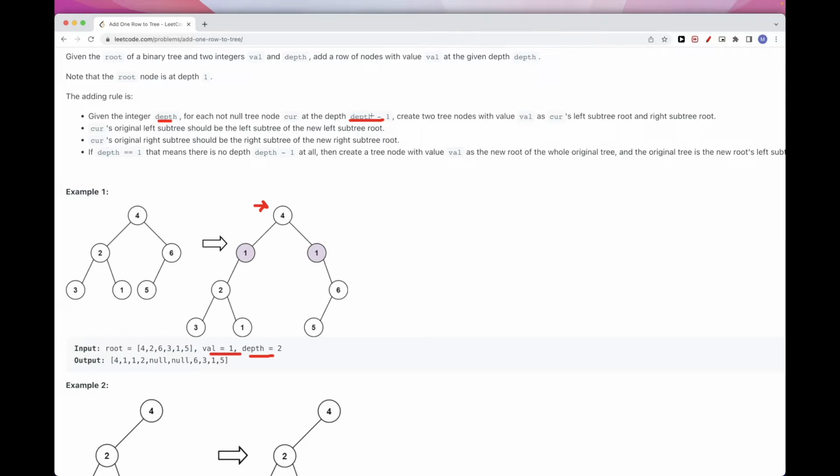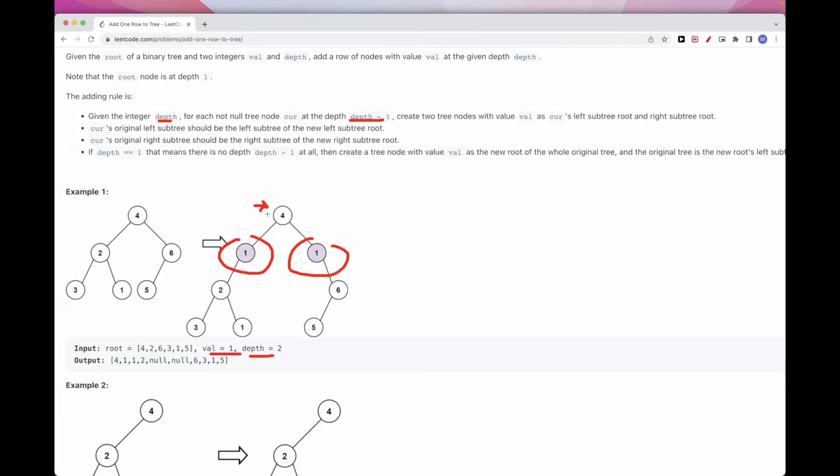So this is like a generalized description. So the left of the nodes at depth minus 1 would have a value of 1, and the right side would have that value of 1 as well. So when we find depth minus 1, that's where we attach the values that we want for the level depth.